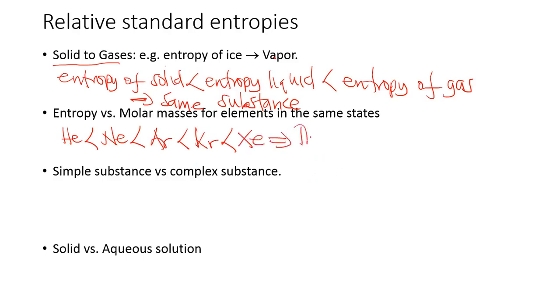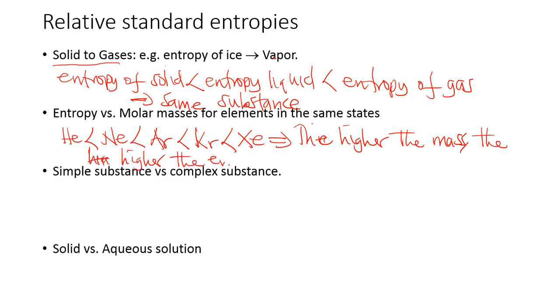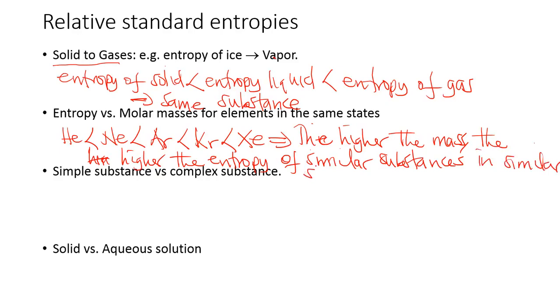This implies the higher the mass, the higher the entropy of similar substances in a similar state. All of these are in gas form.